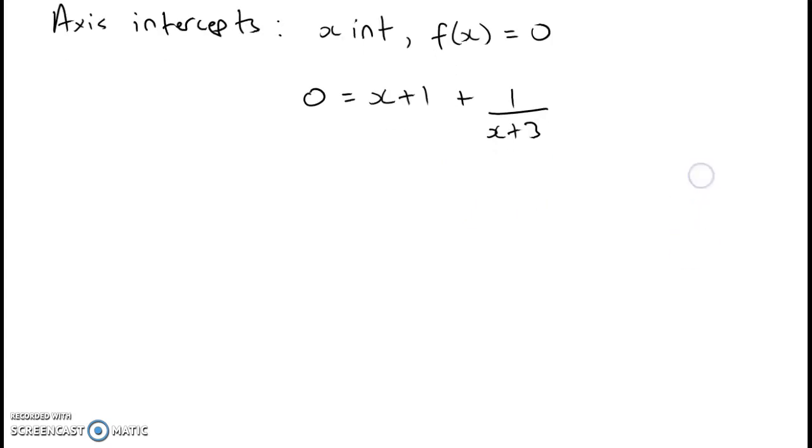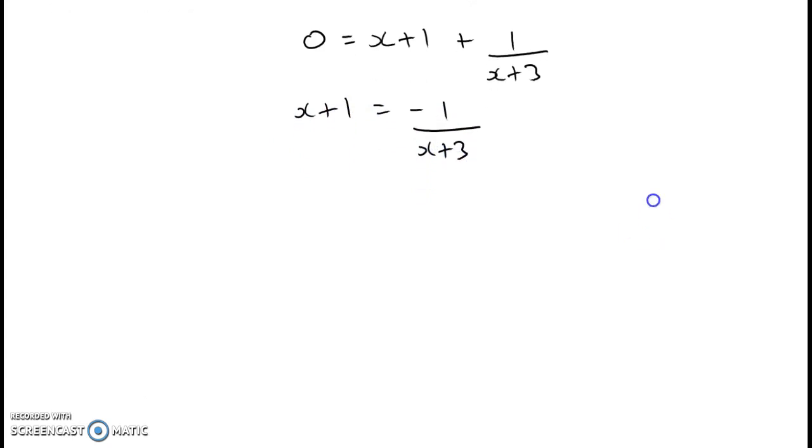If we tidy that up, we'll bring this over to the other side. We'll get x plus 1 equals minus 1 over x plus 3. Multiply the x plus 3 out, we'll get x plus 1 times x plus 3 equals minus 1.